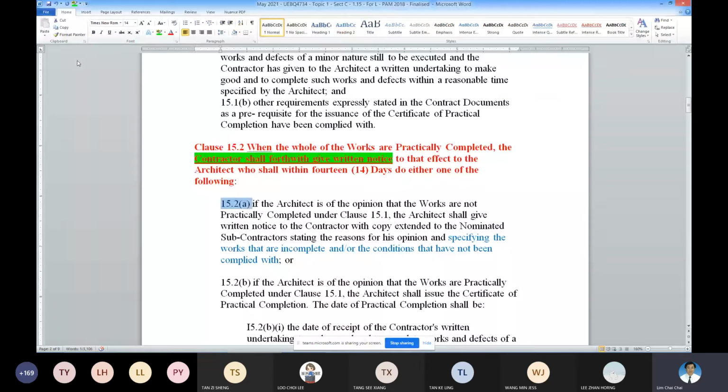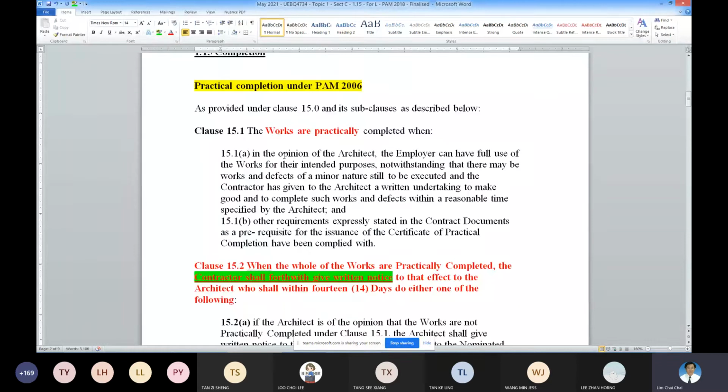It is for the architect to come up with the decision. Okay, but before that, please understand the term completion. Completion is very subjective.